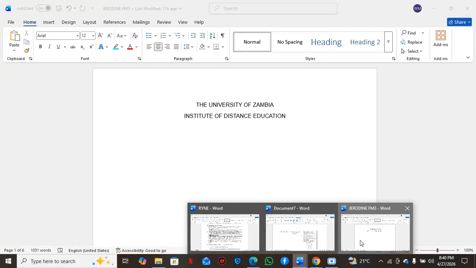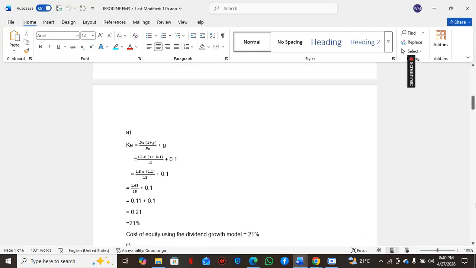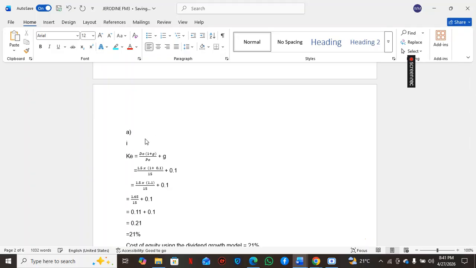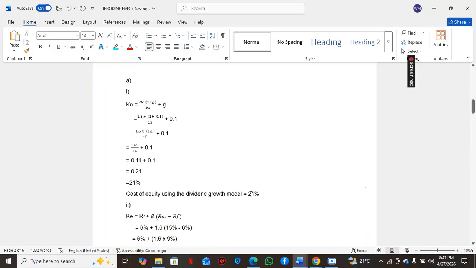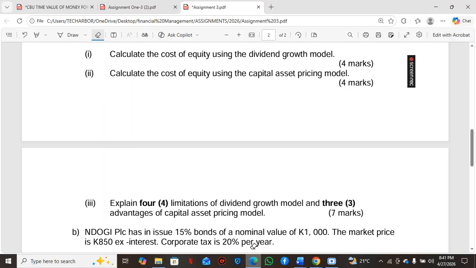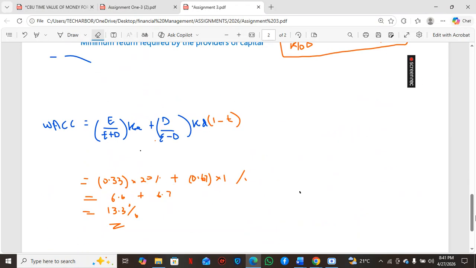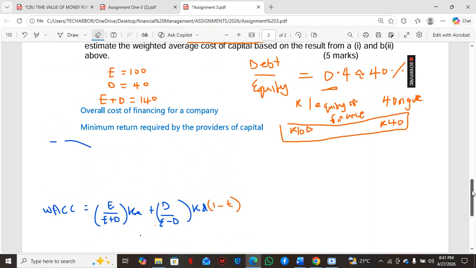So cost of equity, 21%. So you say KE is 21%. That's from A1.